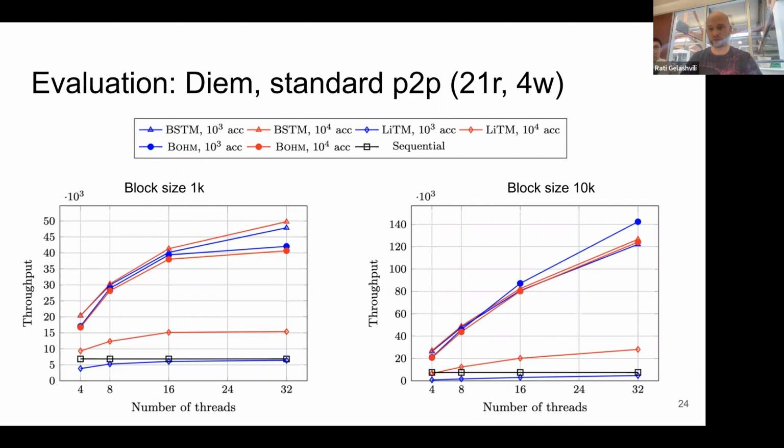So it's supposed to beat us, and it beats us for block size 10K, but for block size 1K, it was really confusing because our system was doing better. Then we realized that this is due to the initial overhead for BOM to create its static data structures. Maybe it can have a better implementation, but at the end of the day, the real point is that we are really competitive with BOM.